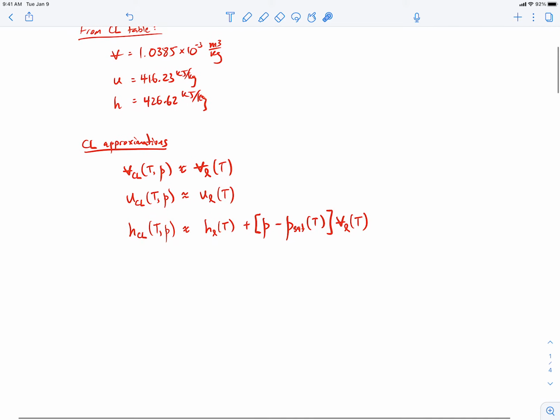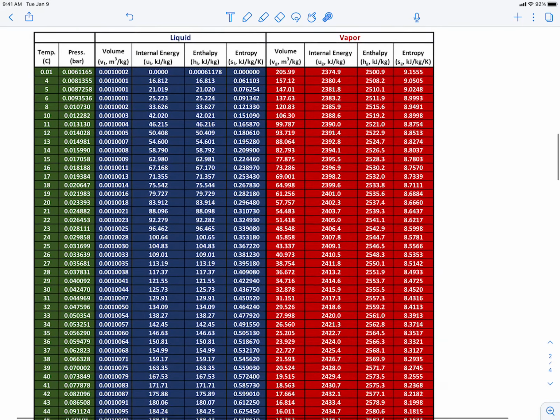Okay, so in order to evaluate this, we need to find the specific volume, specific internal energy, specific enthalpy, and the saturation pressure. The subscript L ones are for the saturated liquid state. So to do that, we'll look at the saturated liquid vapor mixture table, which is this one.